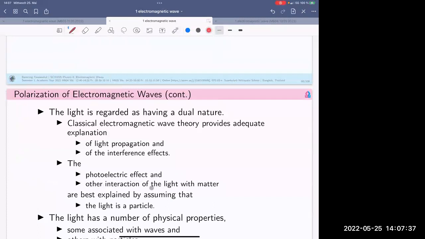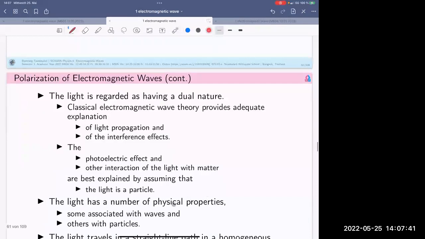Other interactions of the light with matter are best explained by assuming that the light is a particle. Okay, once the light has some interaction with other phenomena, other matter, we would consider the light as a particle.